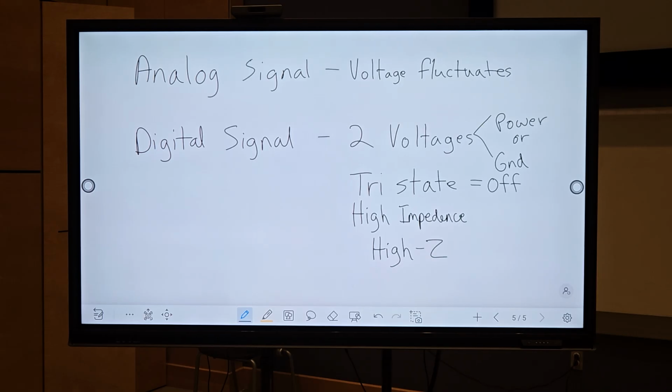So if you think about it logically, you have a battery, you can have a wire connected to the power, you can have a wire connected to the ground, or a wire connected to neither one.